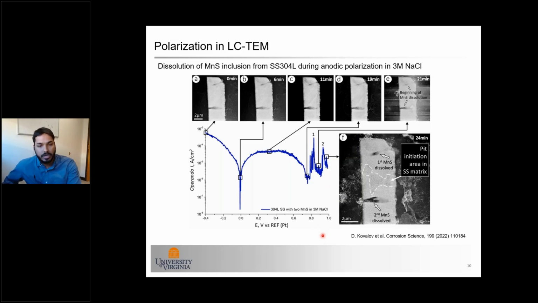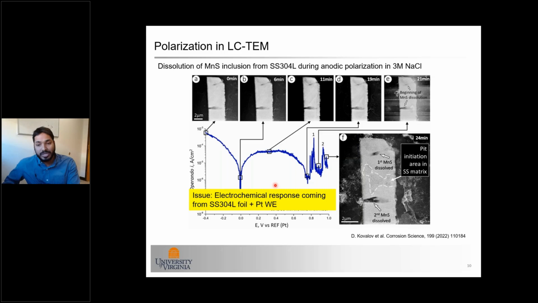without polarization. But what you don't see here is that the electrochemical response we are getting is not just from the stainless steel lift-out. We also have the platinum working electrode exposed.